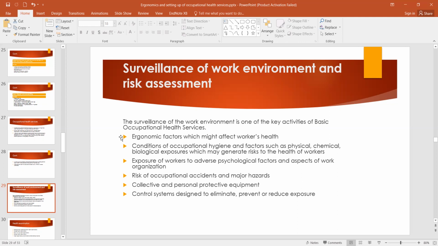It covers ergonomic factors which might affect workers' health, conditions of occupational hygiene and factors such as physical, chemical, biological exposure which may generate risk to the health of workers, exposure of workers to adverse psychological factors and aspects of work organization, risk of occupational accidents and major hazards, collective and personal protective equipment, and control systems designed to eliminate, prevent, or reduce exposure. These are the risk assessments which are carried out with the help of surveillance.